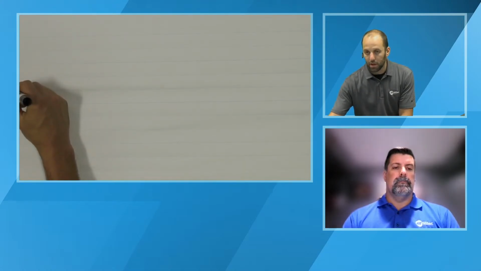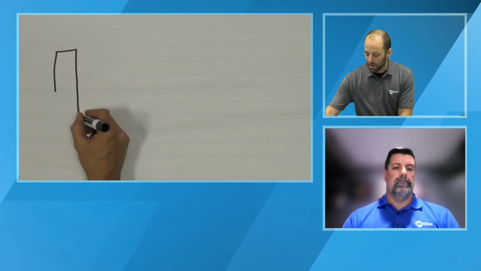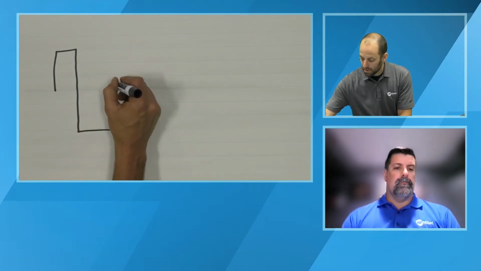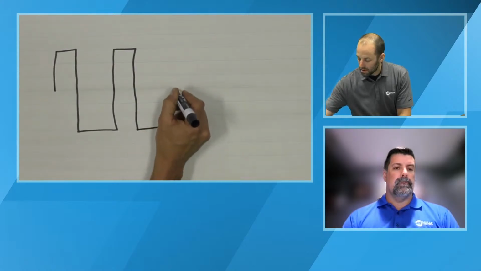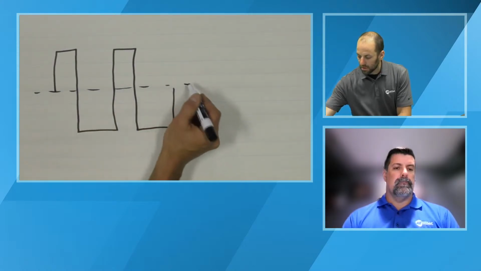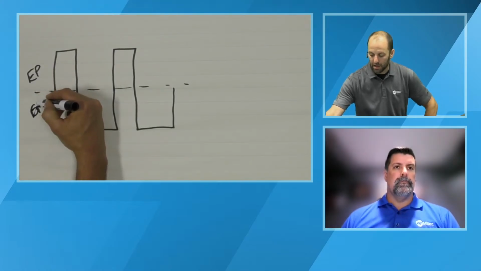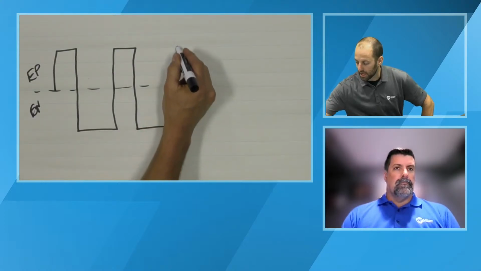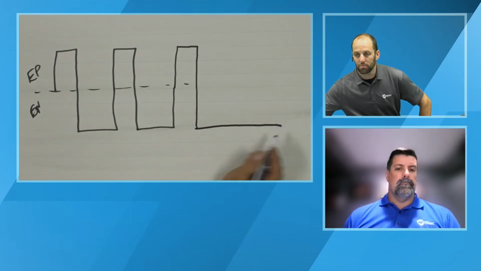And ultimately what Mixtig is, if we think about our AC waveform, we have electrode positive, we have electrode negative, so we have our EP and our EN, and what Mixtig is, it's actually mixing in portions of what I just talked about.